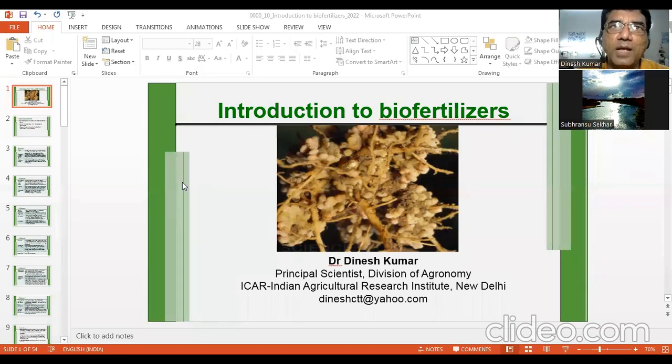So soil health and conservation of natural resources, no pollution and environmental safety, and economics. These are three important aspects which our agriculture should have if it needs to be sustainable. So in this case, as you know, if you want to maintain the soil health or improve the soil fertility, then integrated use of nutrients is the best strategy.